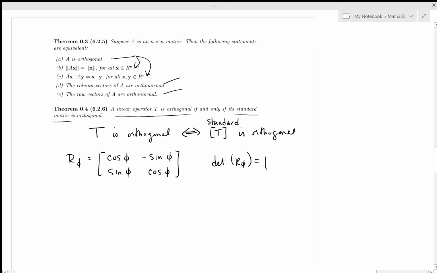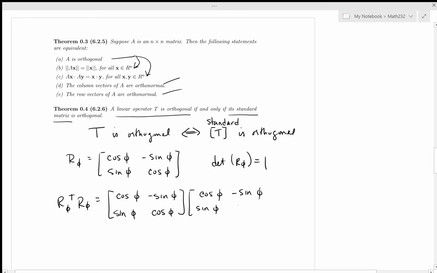We could also take R phi transpose and multiply it by R phi. Let's just quickly do that. That'll be cos phi, sine phi, minus sine phi, cos phi, multiplied by the transpose: cos phi, minus sine phi, sine phi, cos phi.